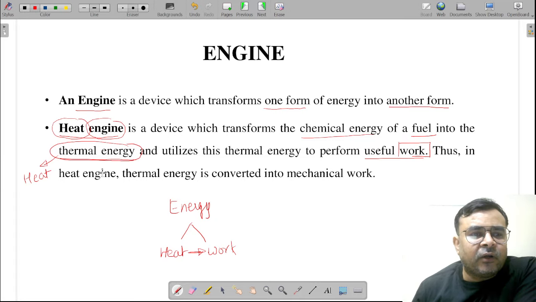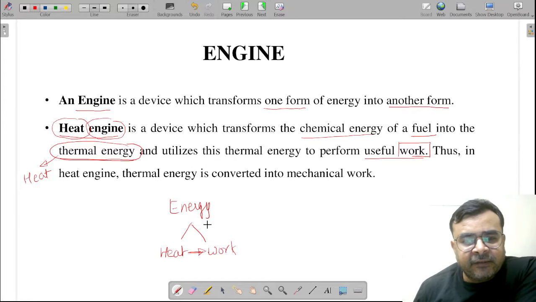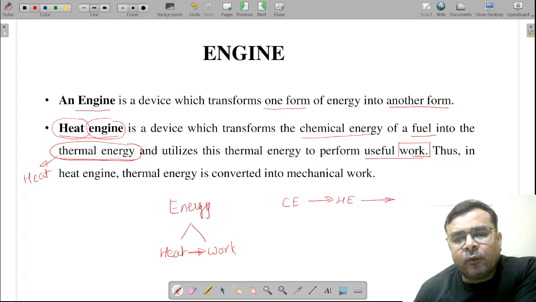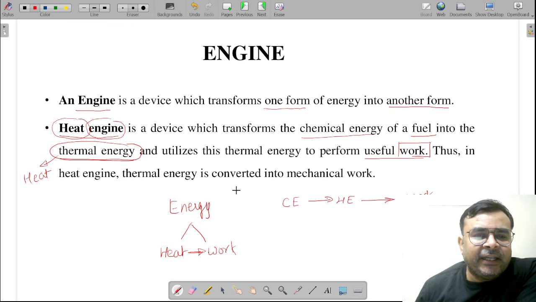Then this device is called a heat engine. So a heat engine is a device which first converts chemical energy into heat energy, and this heat energy is further transformed into work.